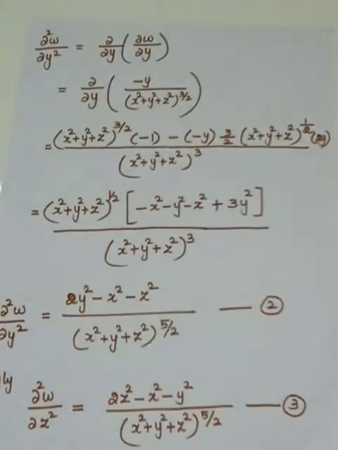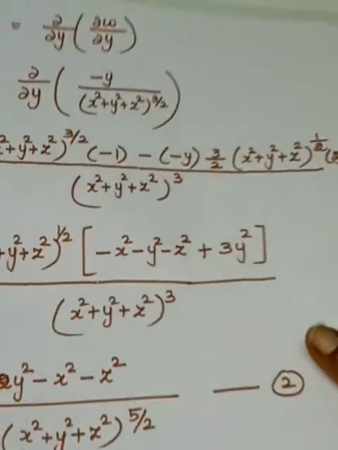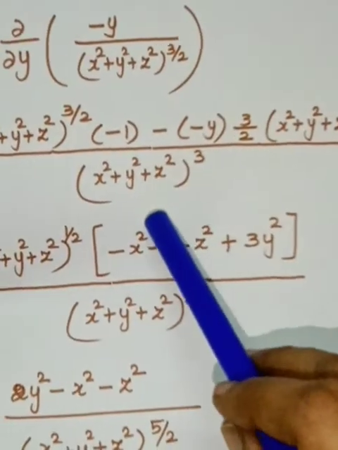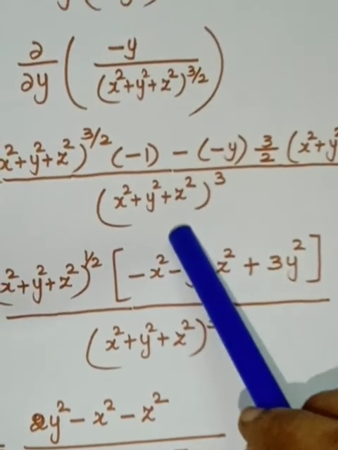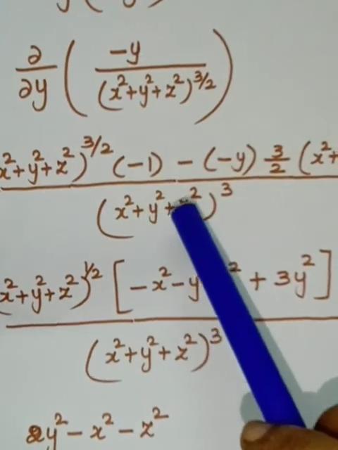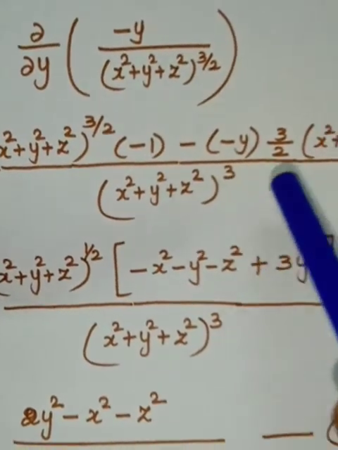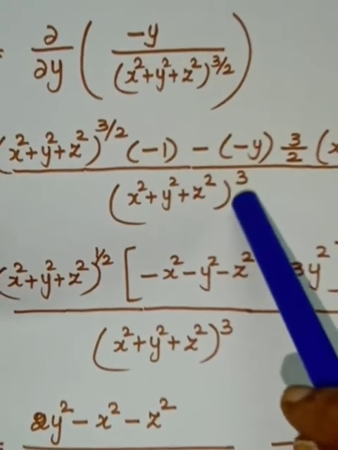In the same way you will go for y. So here what's the difference? x and y. Here the same quotient rule has to be applied. Okay. So here (x squared plus y squared plus z squared) the whole power 3 by 2 to the power 2 means, and this 2 and this 2 get cancelled, the power is 3.